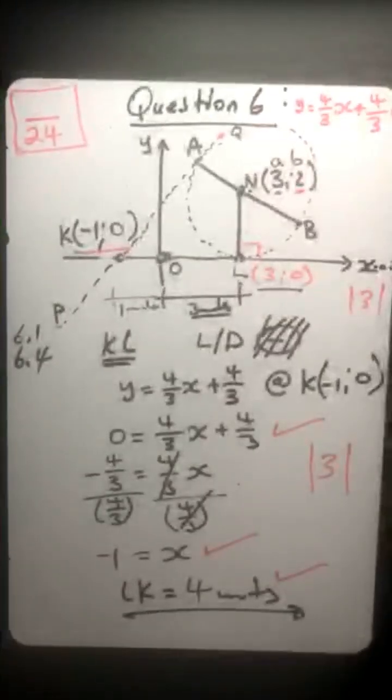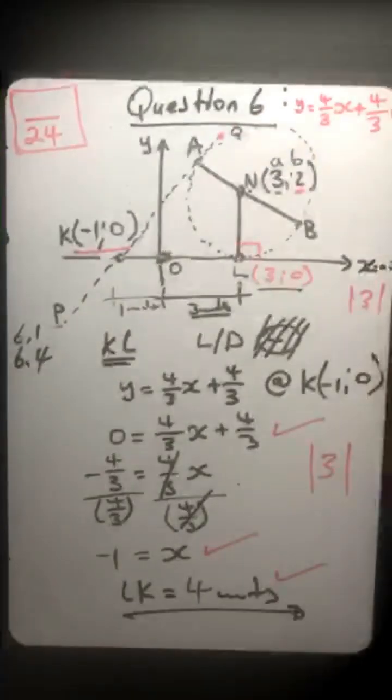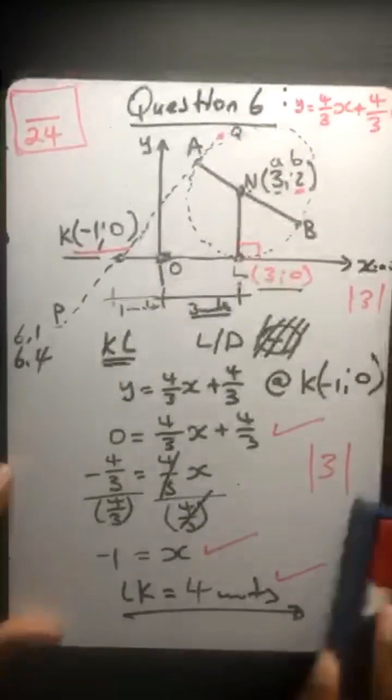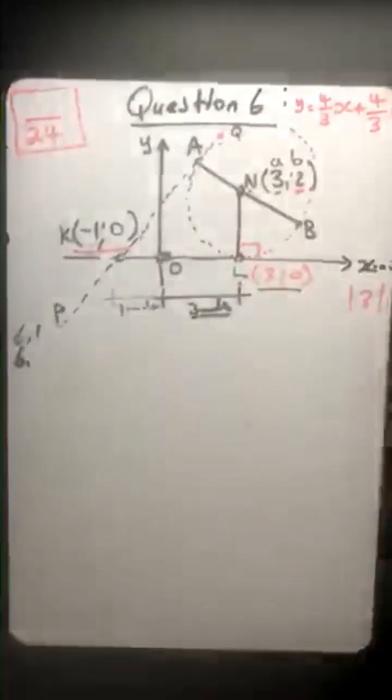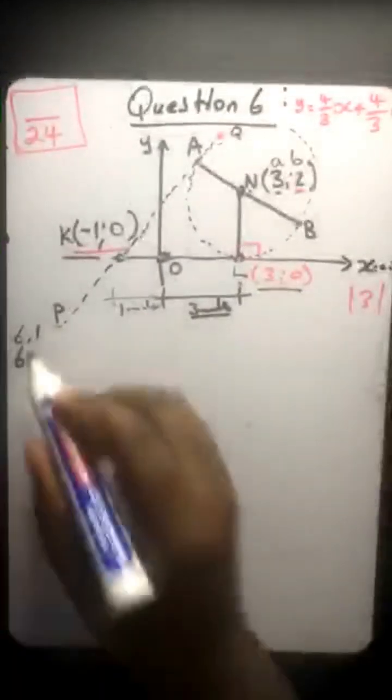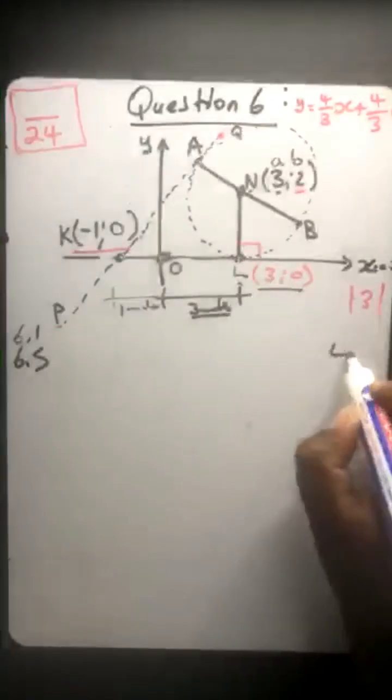So now, very quickly, let's move on to question 6.5. 6.5, 3 marks. Here it seems like we're going to think.